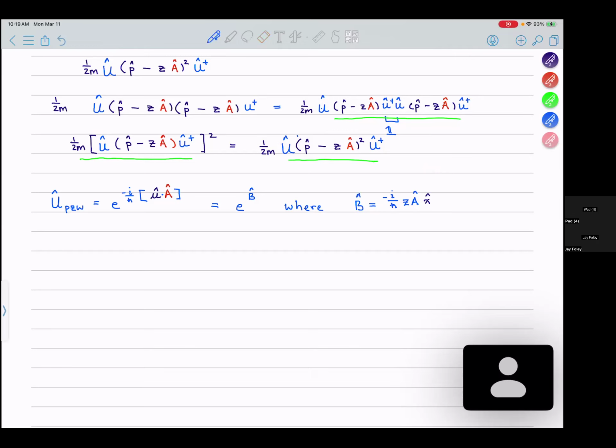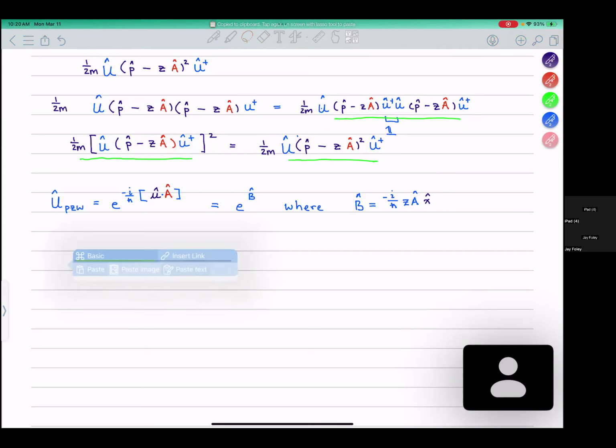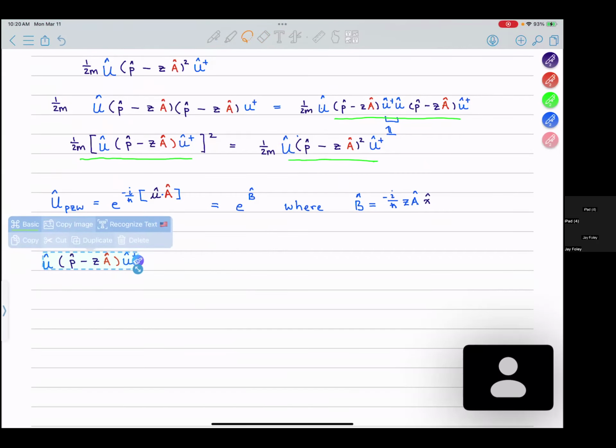All right, and so now what I can do is take this piece here. I'm going to keep the mass out for now.